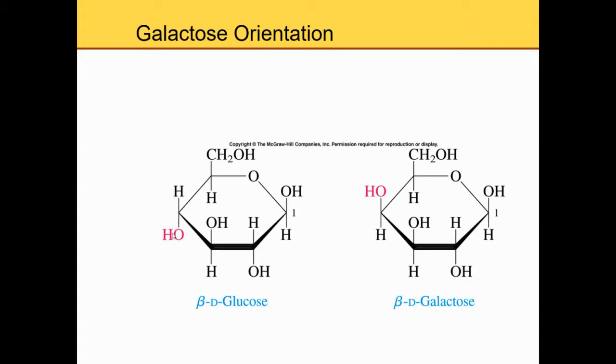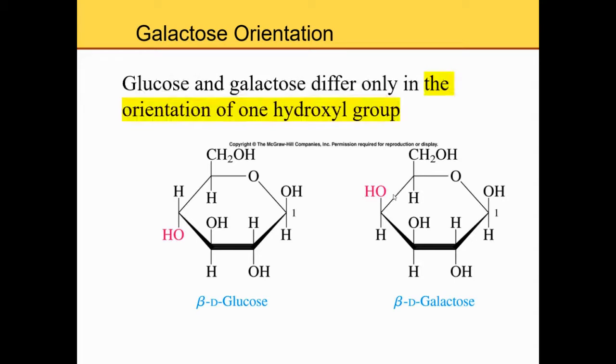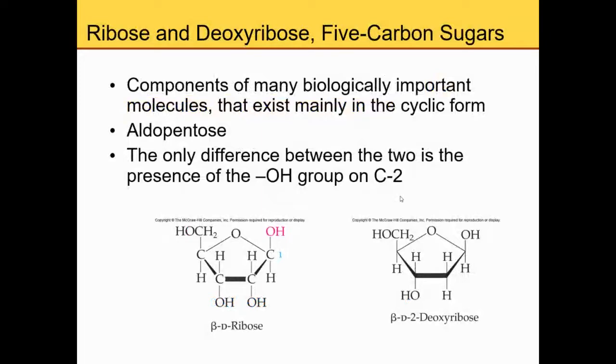You can see the difference in location of the hydroxy group at the number 4 carbon. And then ribose and deoxyribose. This is ribose, this is deoxyribose, right?